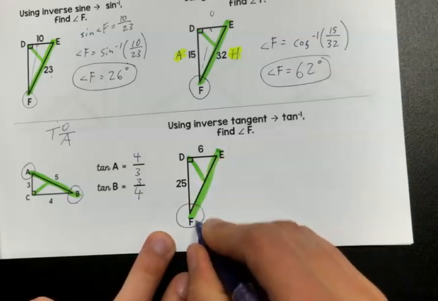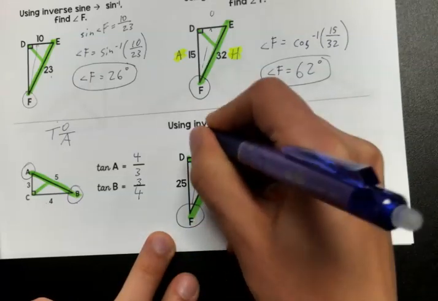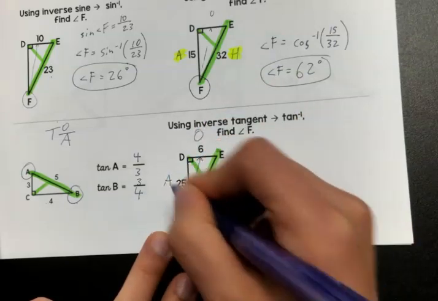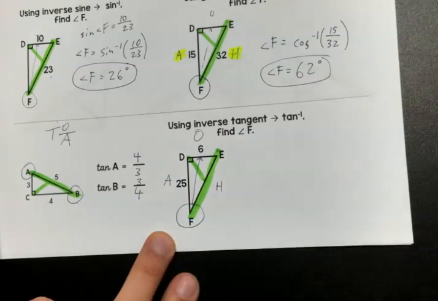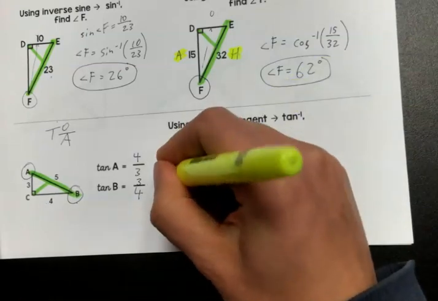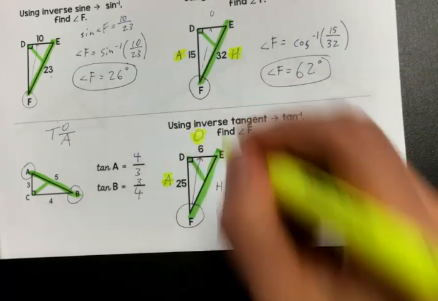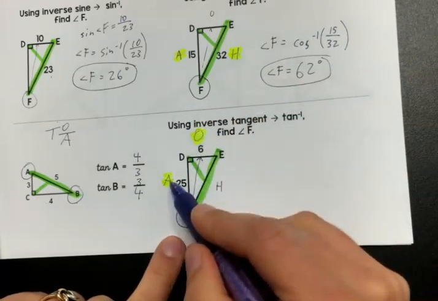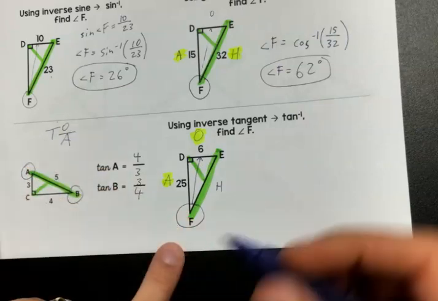So here's my angle F. Opposite angle F is this O. Here's my H. Here's my adjacent. The two pieces that are filled in are my O and my A. So to solve for angle F, O and A, that's TOA, tangent, right?